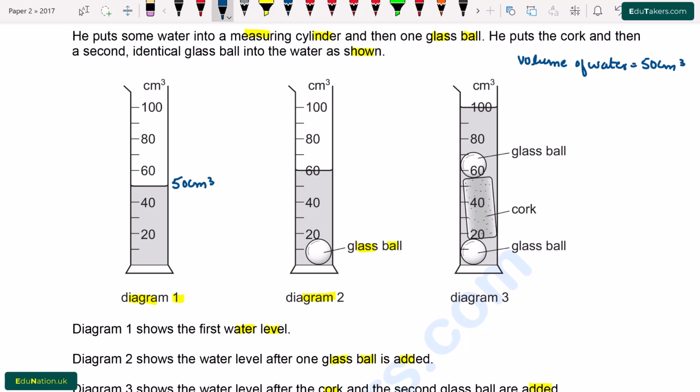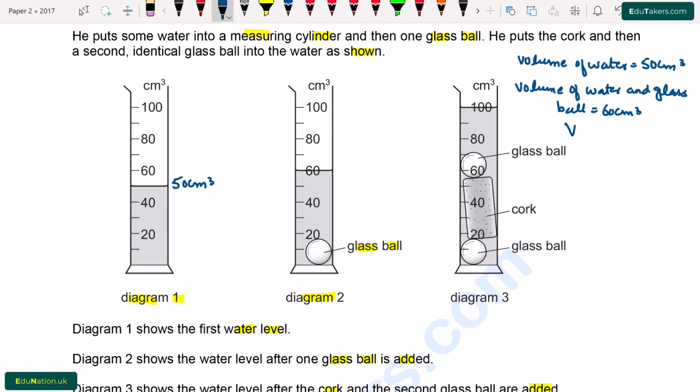So I write here volume of water and glass ball is equal to 60 cubic centimeter.